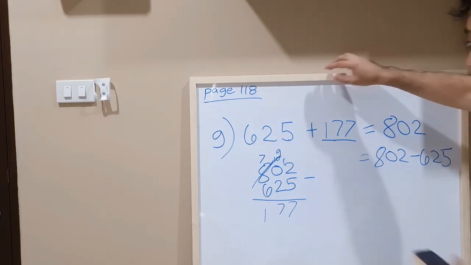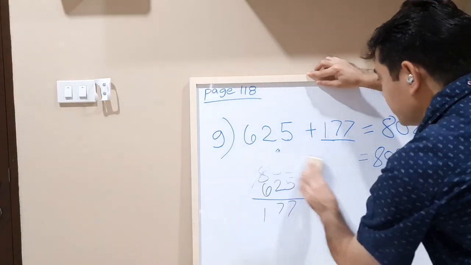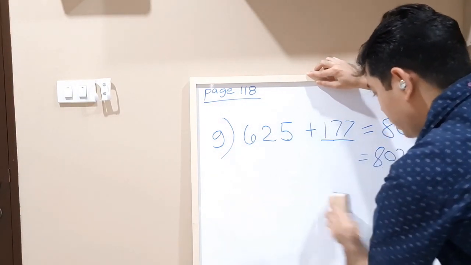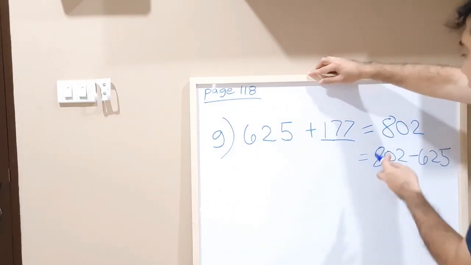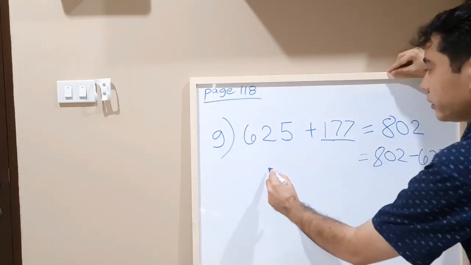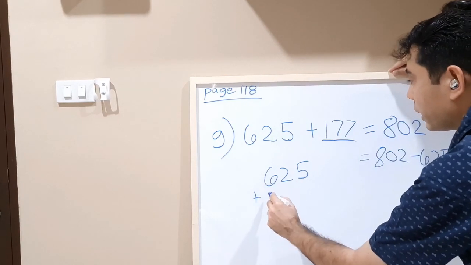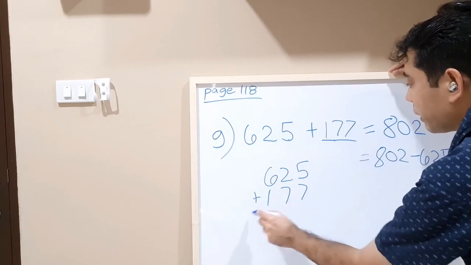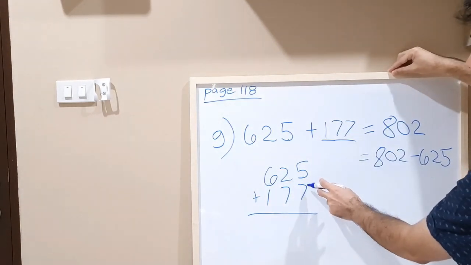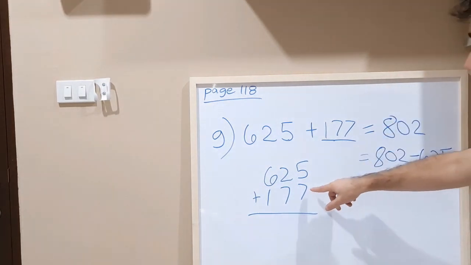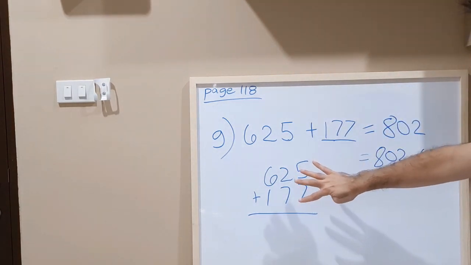Let us see. If we add these two numbers, will it give you 802? Let's find out. 625 plus 177. 7 plus 5, 7, 8, 9, 10, 11, 12.